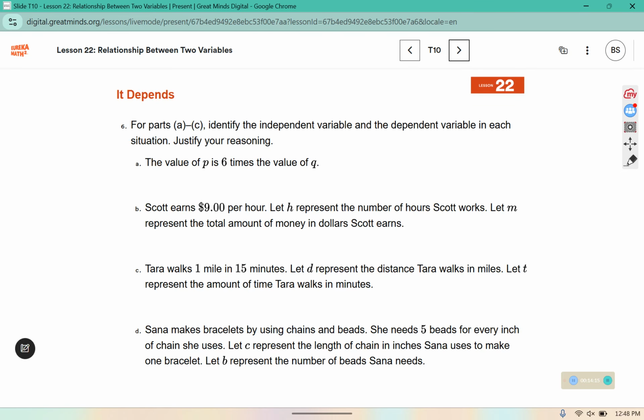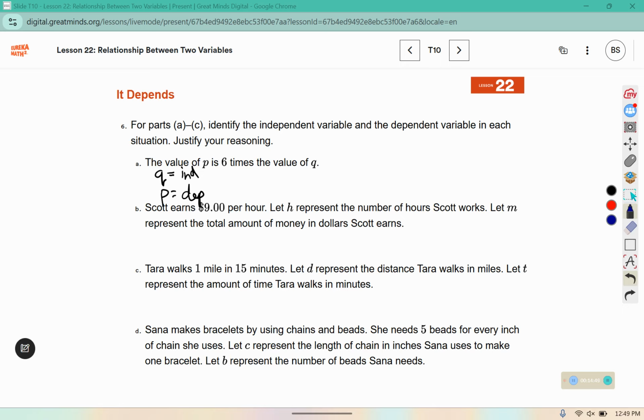For parts A through C, identify the independent variable and the dependent variable in each situation and justify your reasoning. The value of P is 6 times the value of Q. So Q is the independent and P is the dependent. P's value depends on Q. Scott earns $9 per hour.